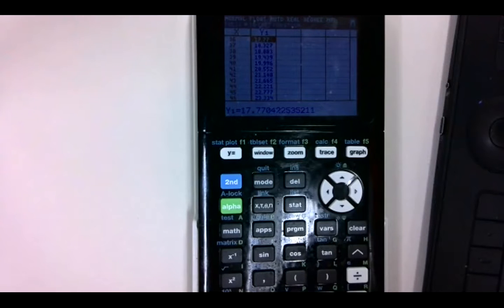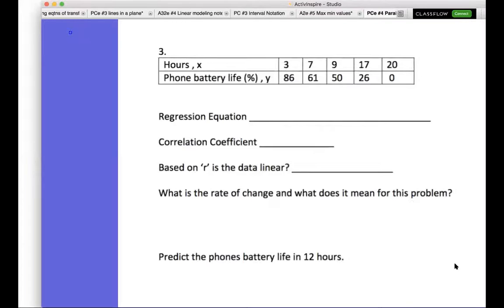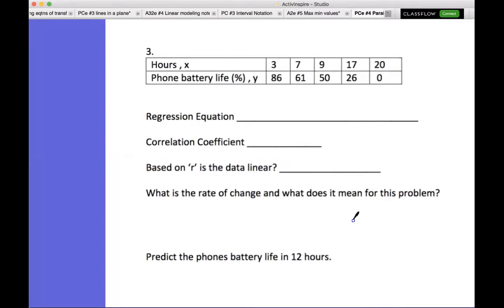All right. So here's your next problem. So try it again. Make sure you can do this. I'm going to give you guys about 5 minutes to do it. This might be our last problem.